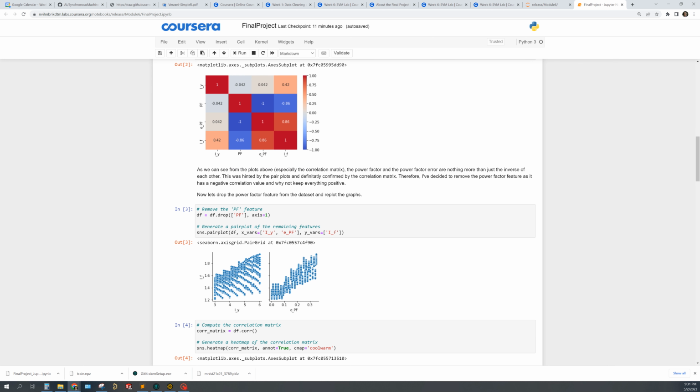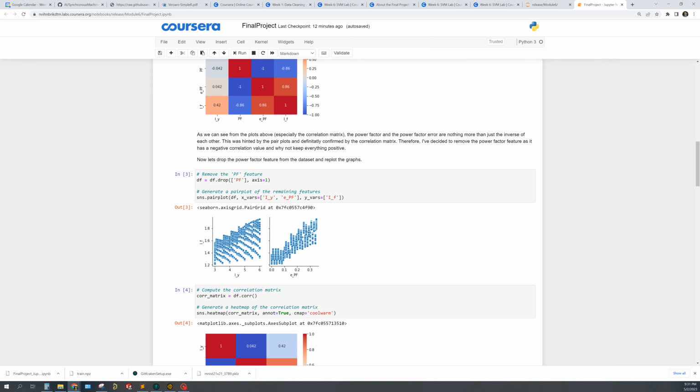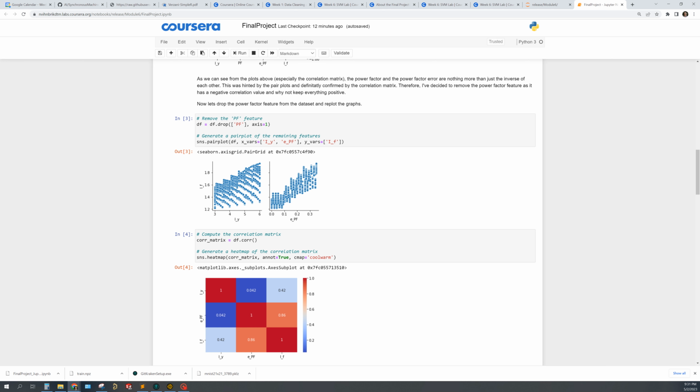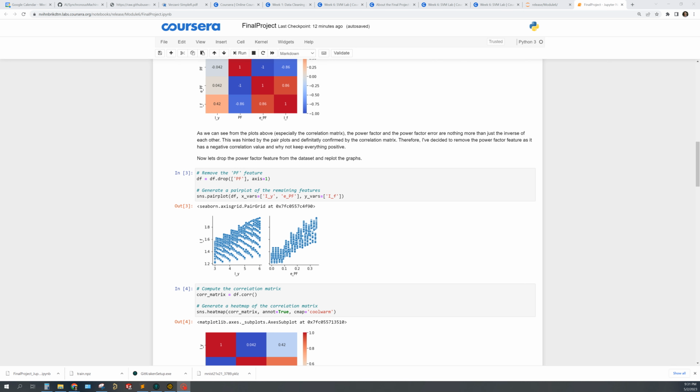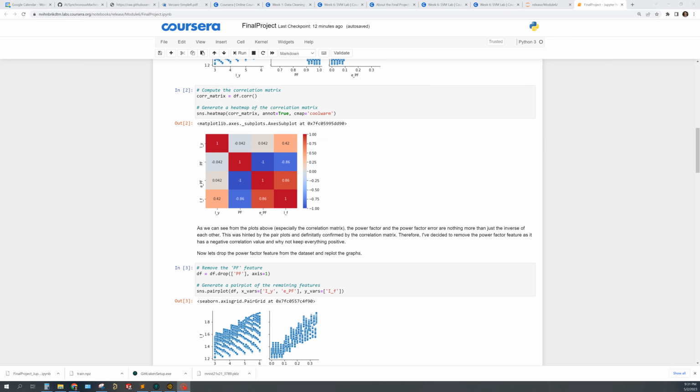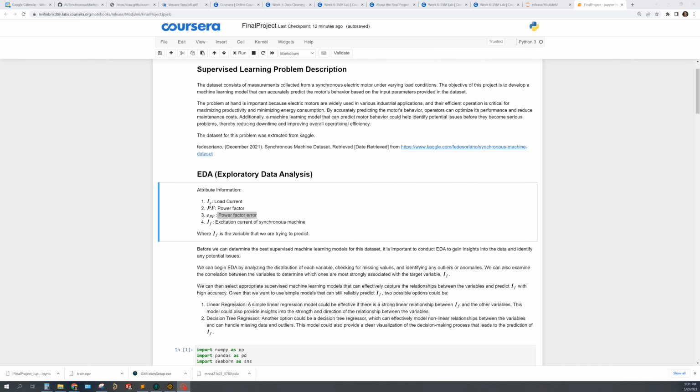So what I thought would start as 4 features turned into just 2. And the data, I'll be honest, kind of scared me at the beginning. I was worried that I would not be able to get a real accurate model. I knew I'd be able to put something together, but especially this load current.